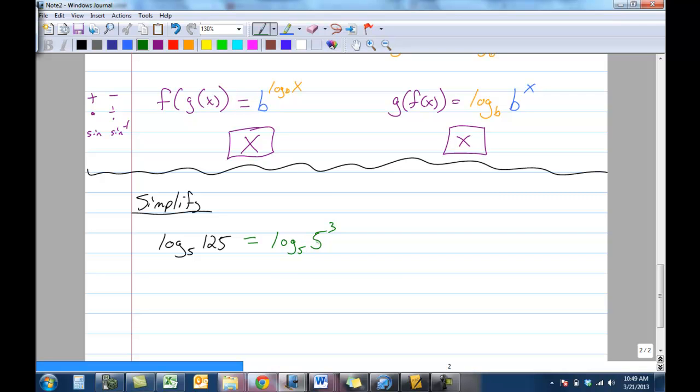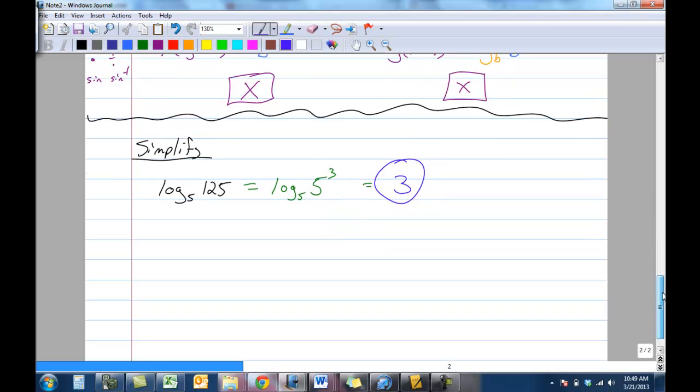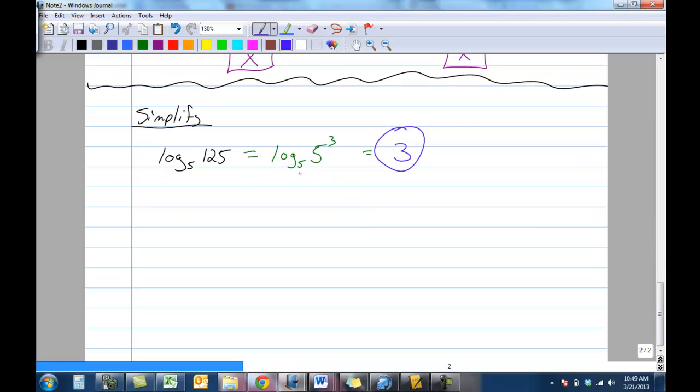Log base 5 and base 5 cancel each other out. And what are we left with? The answer is 3. You with me on that? Don't worry about y or anything else. Just log base 5 of base 5, those cancel, and we're left with just 3.